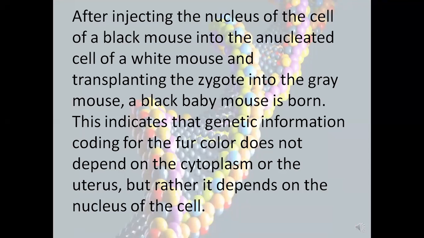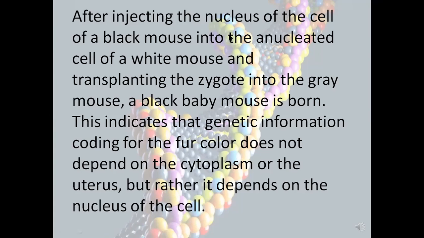After injecting the nucleus of the cell of a black mouse into the anucleated cell of the white mouse, meaning it lacks the nucleus, we transplant the zygote into the gray mouse. What is the result? The result is that a black baby mouse is born.